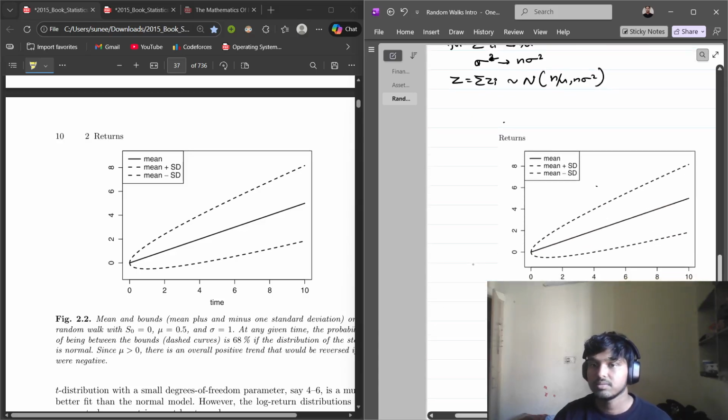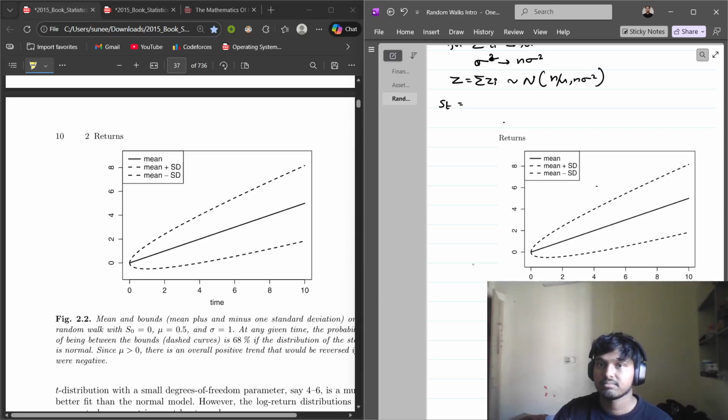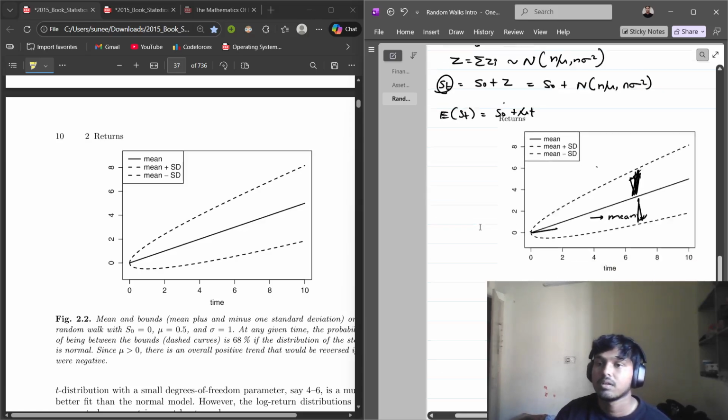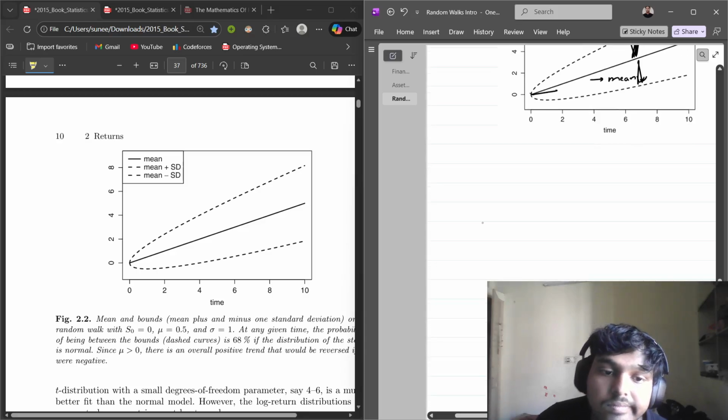So S_T would be something like S_0 plus Z, that is, S_0 plus mu t as the mean of this line, and this is the variance, which grows with time.